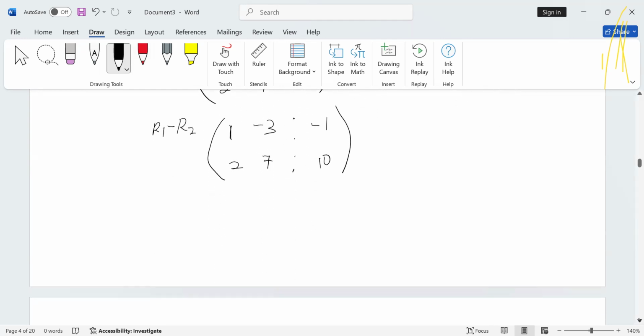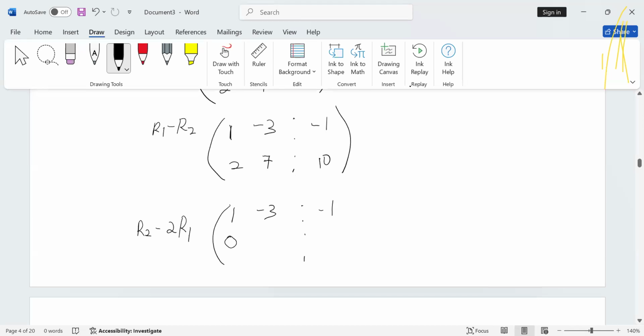We want 0 here. Remember, we want it to look like an identity matrix, so we want 0 here. So we will take R2 minus 2 R1. Because you've seen R1 is 1. 2 minus 2 times 1 is 0.